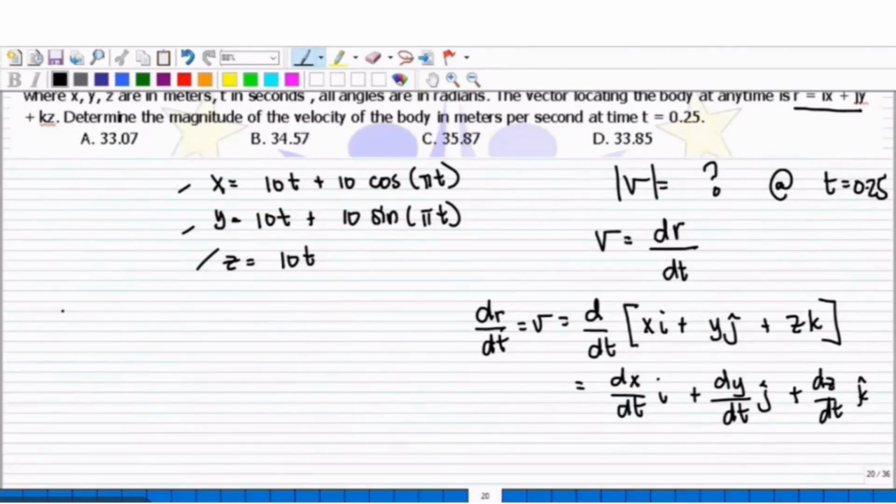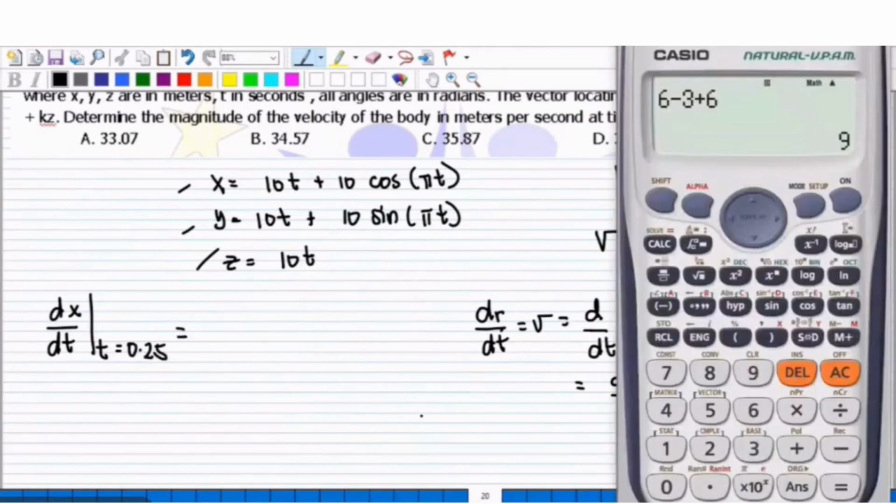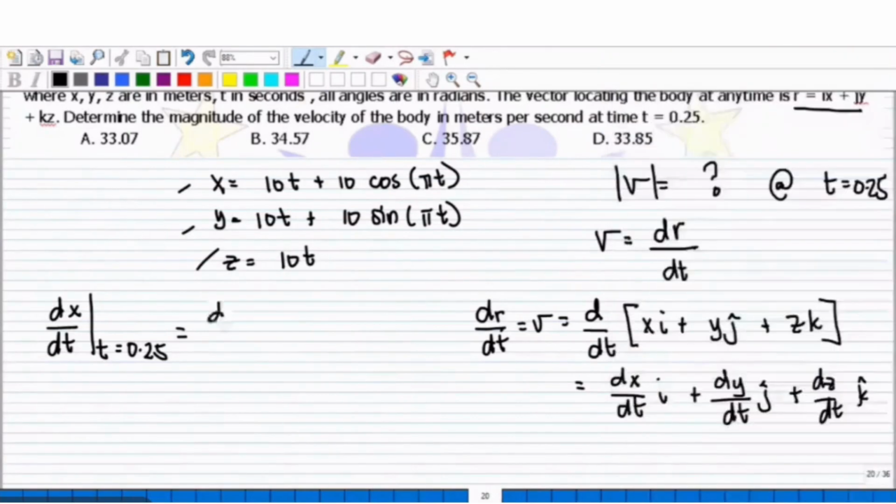So, unahin natin yung dx/dt at time t equal to 0.25. From your DC naman, single variable lang yung ating i-derivative. So, d/dt ng 10t plus 10 cosine of pi t.